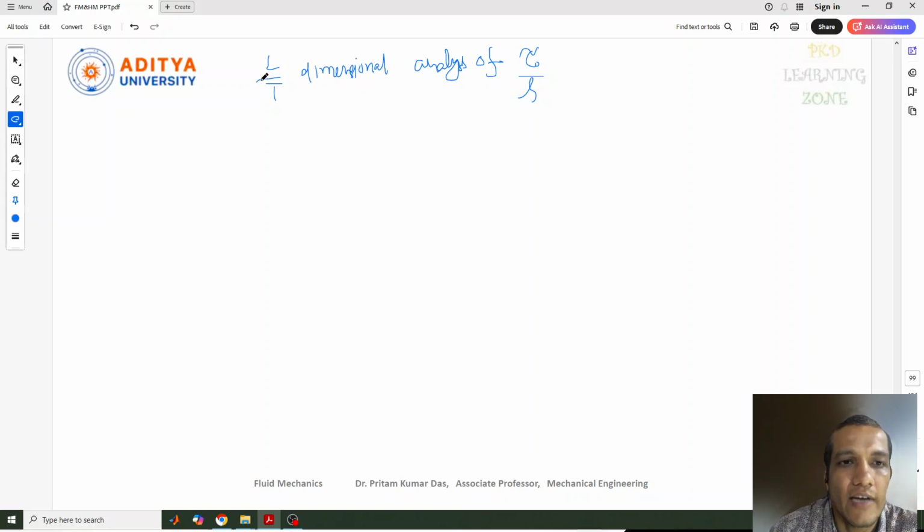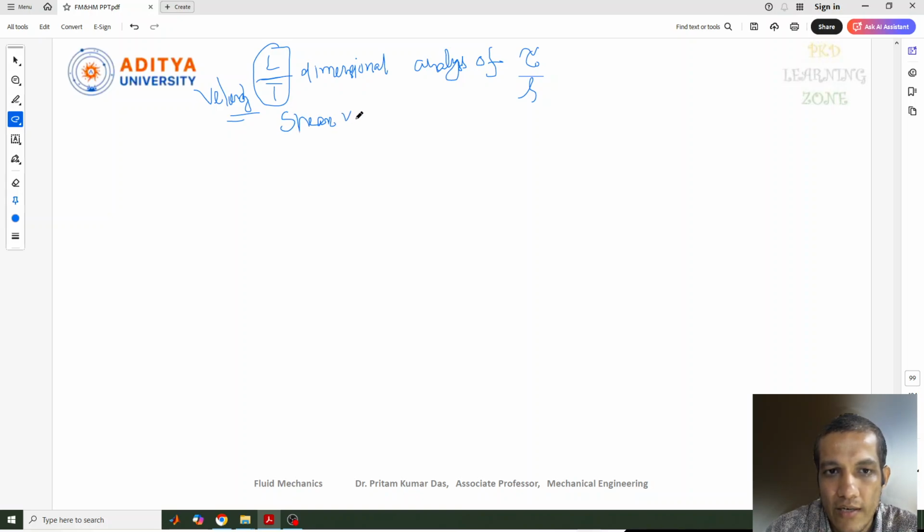Now this length by time is nothing but velocity. This dimension is velocity, and that is known as shear velocity actually. So this velocity is nothing but shear velocity.